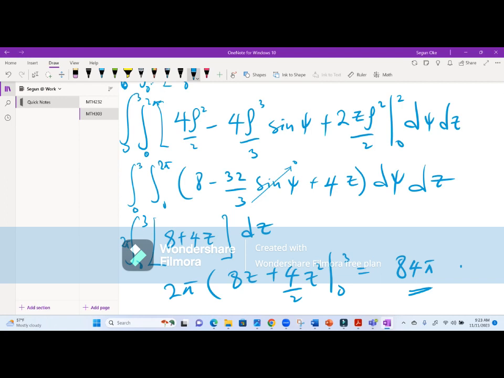But let's quickly look at the Stokes theorem. Any question? On Stokes theorem, any question?